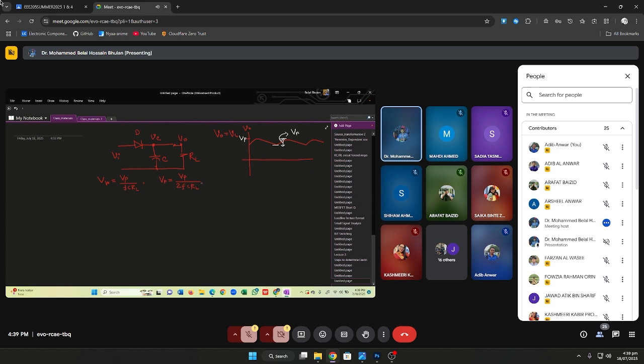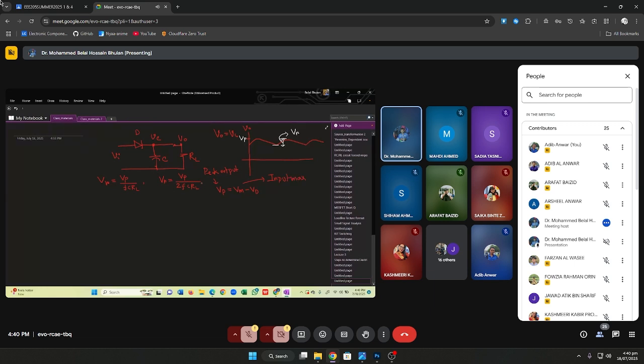Now, in half wave, what is VP? VP equals Vm minus Vd. VP is the peak output, as we already said, and Vm is the input maximum. That's the thing you need to remember: input maximum.